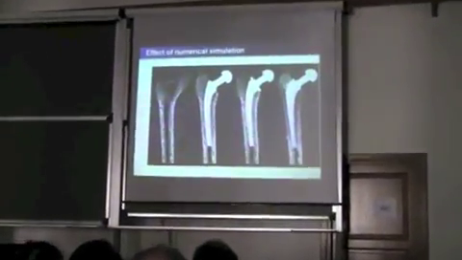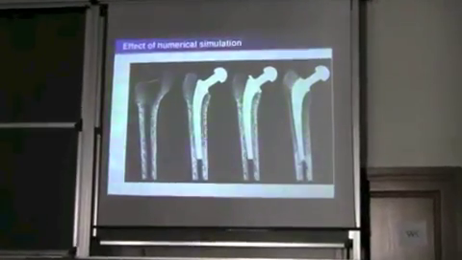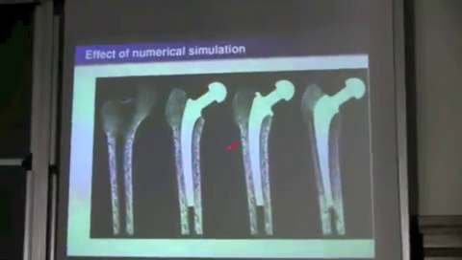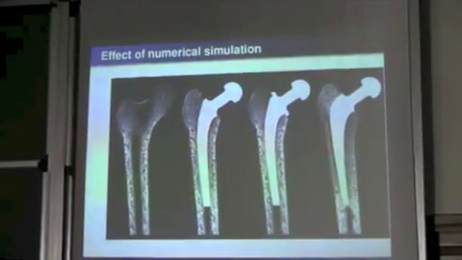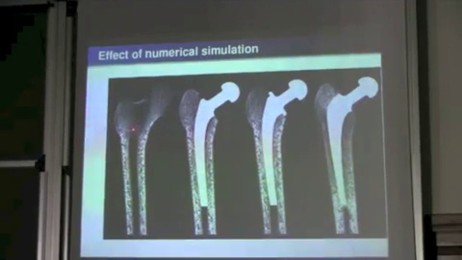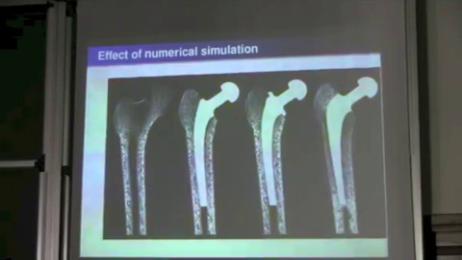This is another example. It's the surgical implantation of a hip joint. This is the initial situation of the bone. This microstructure is very similar to the real one.